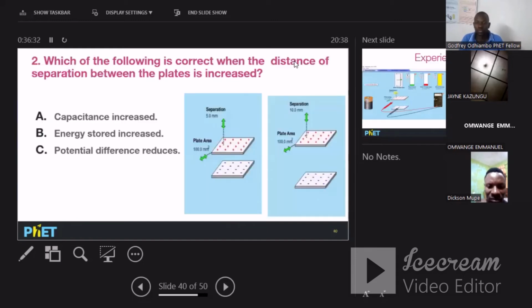The next question is: which of the following is correct when the distance of separation between the plates is increased? The first is capacitance increases. The second is energy stored increases. The third is potential difference reduces.